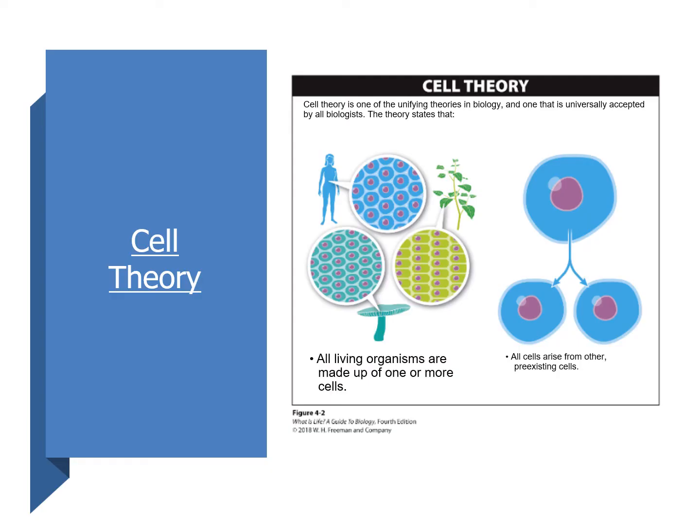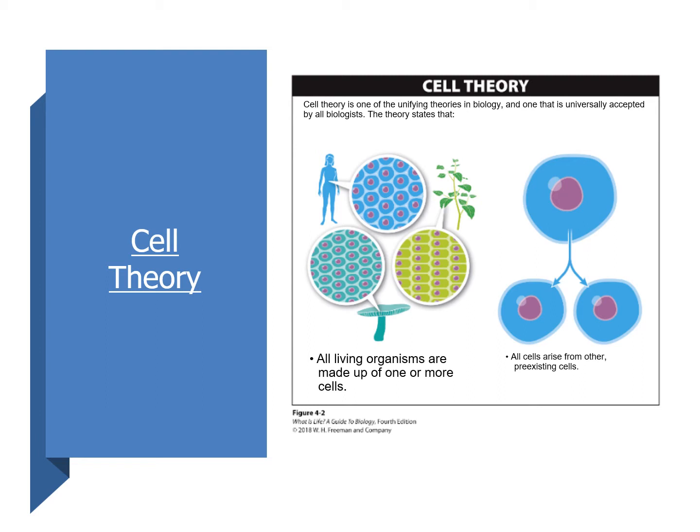So something we need to talk about is cell theory. Cell theory is one of the unifying theories in biology. It's a big one, and one that is universally accepted by all biologists. And it states 2 things. The first is that all living organisms are made up of one or more cells. The second is that all cells arise from other pre-existing cells. This means that cells don't just come into existence out of nowhere.